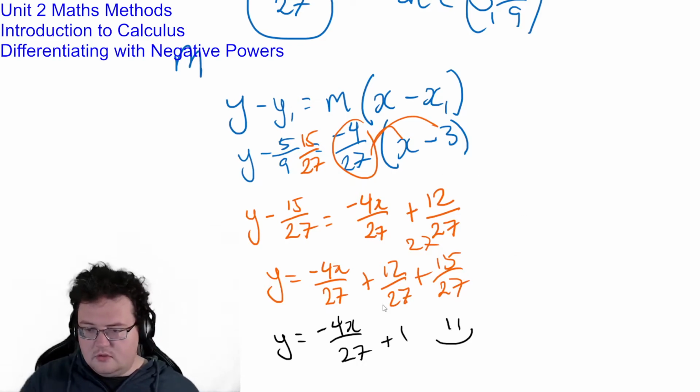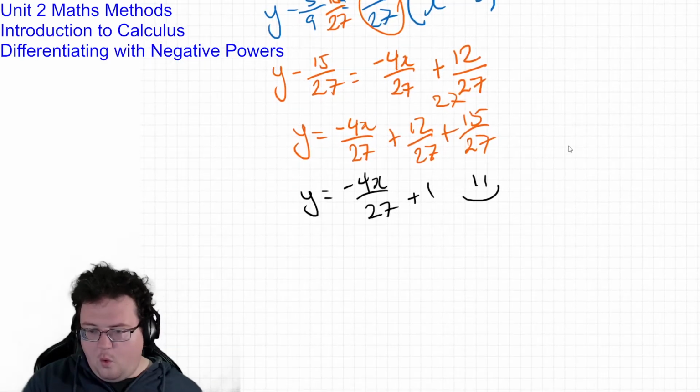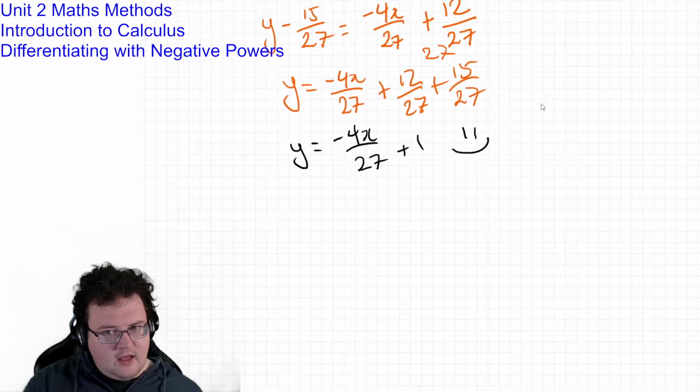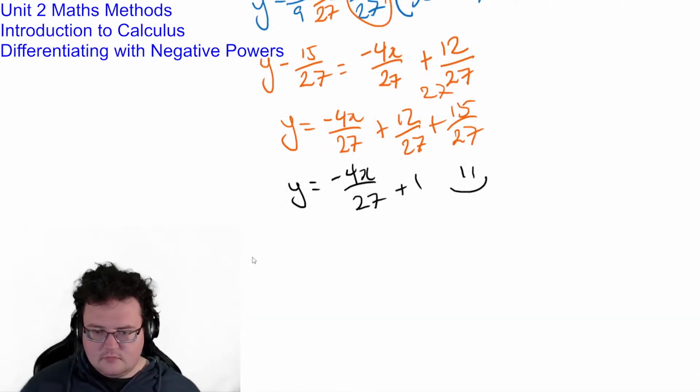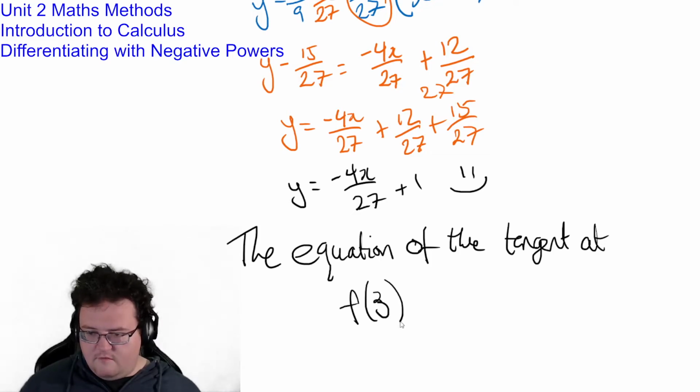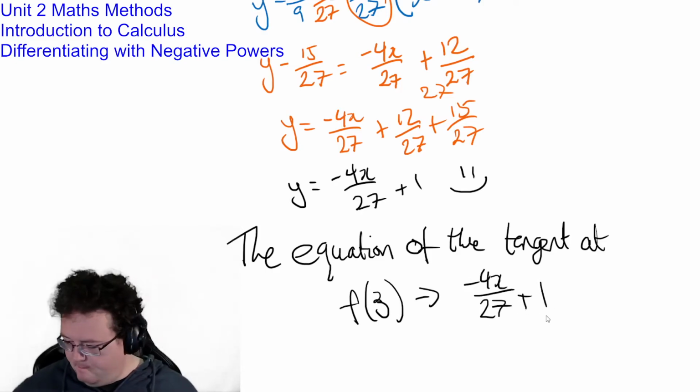So the equation of the tangent at f of 3 is minus 4x over 27 plus 1.